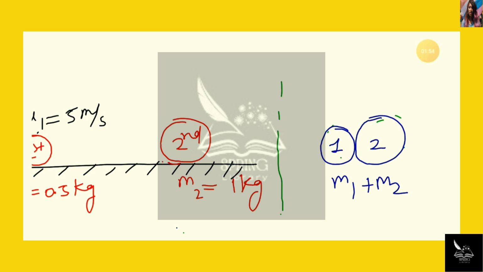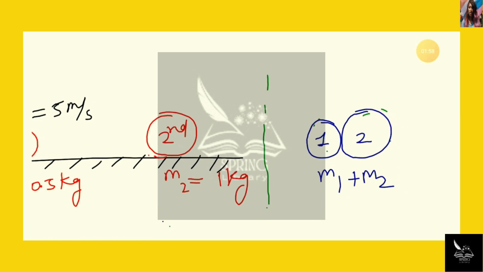And in the question it is saying that after the clinging, the final velocity for these two bodies is equal to 0, that means they are motionless. So the final speed after collision will be equal to 0.